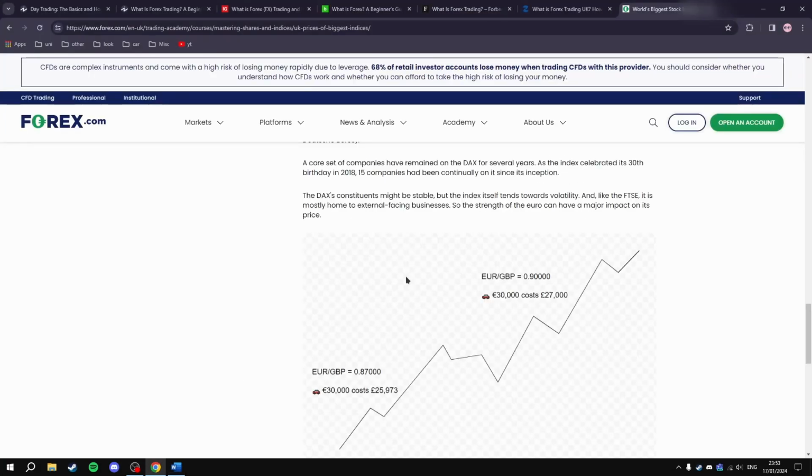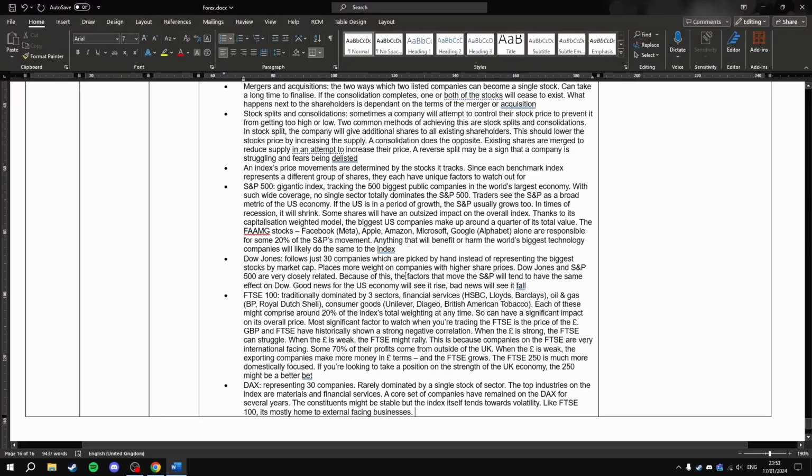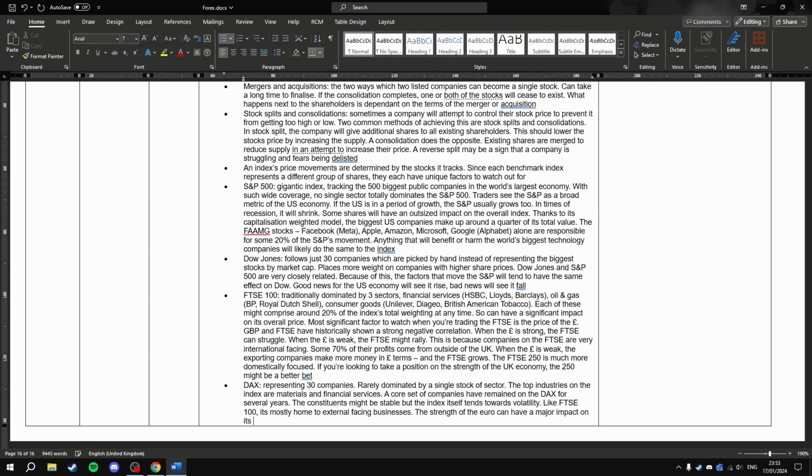So the strength of the euro can have a major impact on its index price.